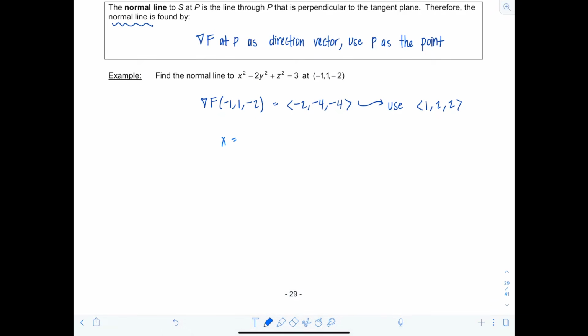So x is going to equal, remember I take that first component and multiply that by t. So I'll have t minus 1. Y is going to equal 2t plus 1. Remember I'm using the point there. And z is equal to 2t minus 2. So here are the parametric equations for that normal line.